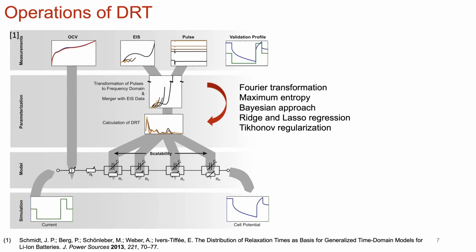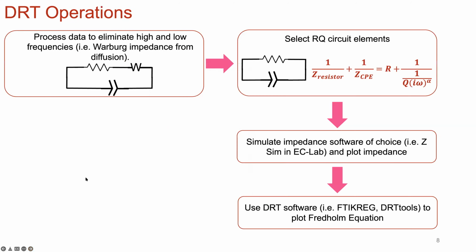That's all they are, to try to fit. If I have one equivalent circuit with a number of components, how does that fit the impedance spectra, and then produce a DRT plot at the end of the day.